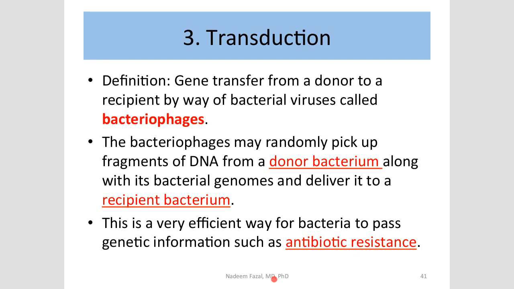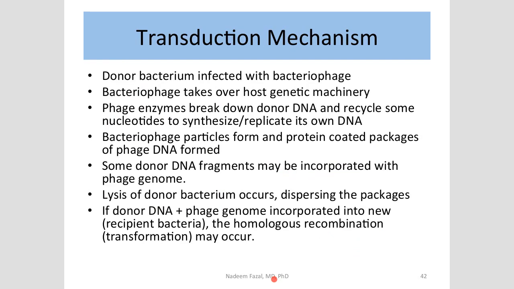So you say, this particular bacteria was not antibiotic resistant. Why all of a sudden this year has it become antibiotic resistant? Because that bacteria got infected by a virus, a bacteriophage, which carried that gene code and put it there. So that's the third mechanism, transduction.